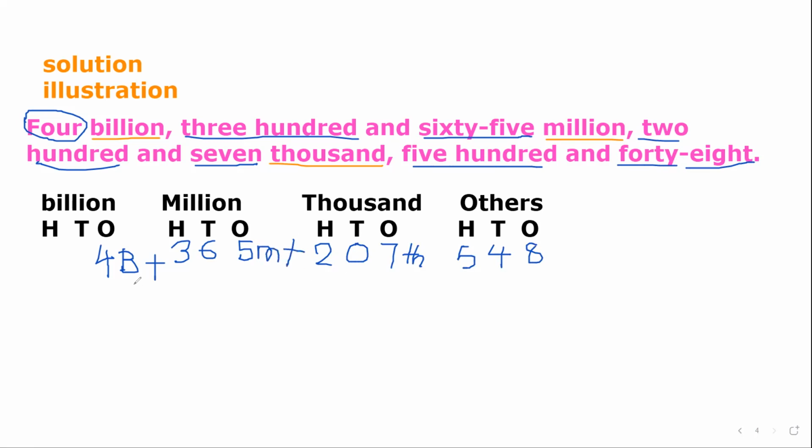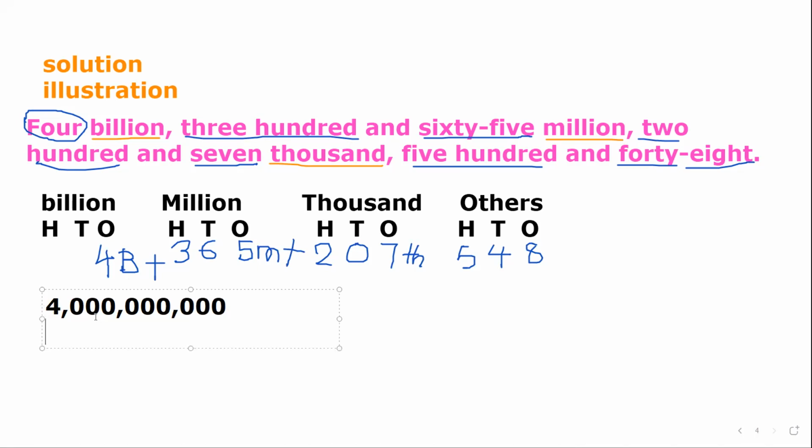Okay, now we have these numbers here. 4 billion. The billion possesses 9 zeros, so 1 2 3, 1 2 3, 1 2 3. That is the billion.